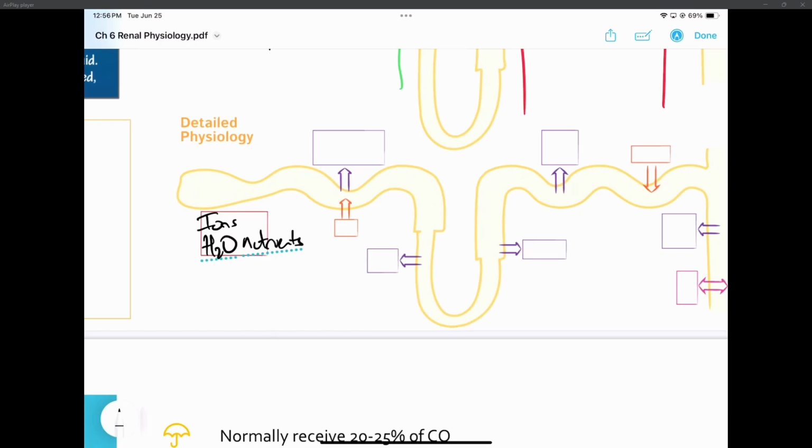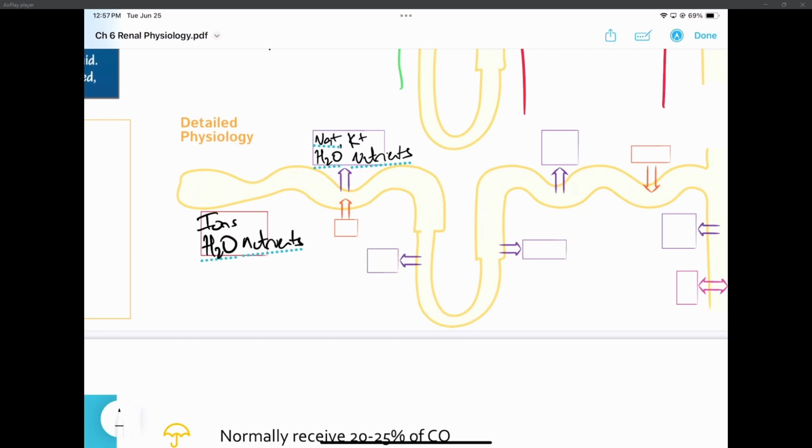Proximal tubule. At this point, we're going to reabsorb sodium, potassium, water, and other nutrients. It's pulling out of the tubule.